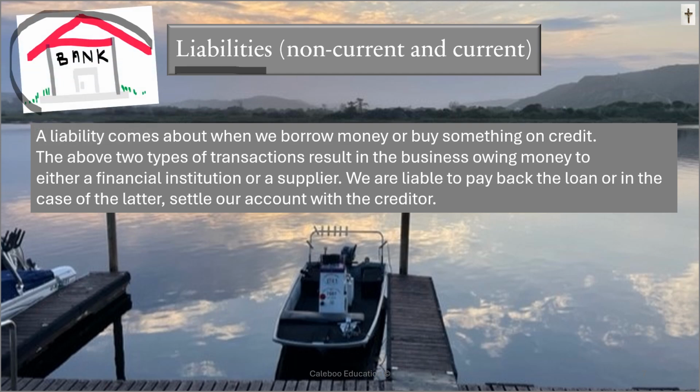So you can go to a bank and finance your business. So that will result in you taking out a loan as part of your capital in order to start your business. And therefore you'll have a non-current liability, which is a long-term loan, as an example.